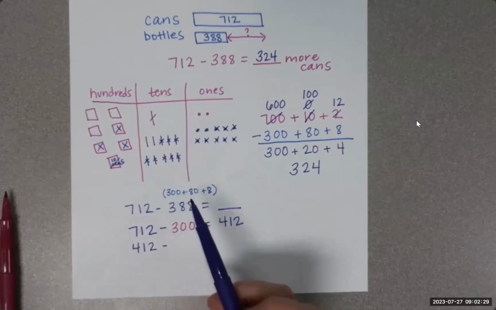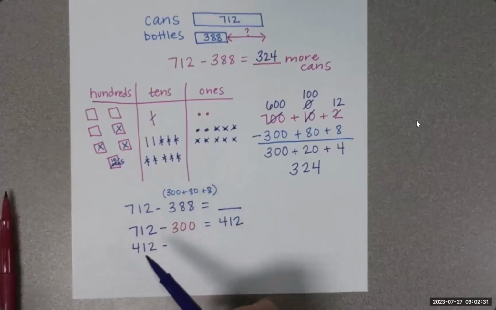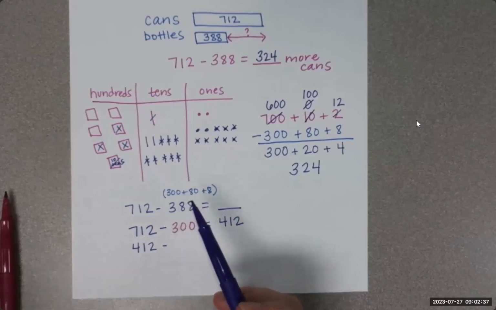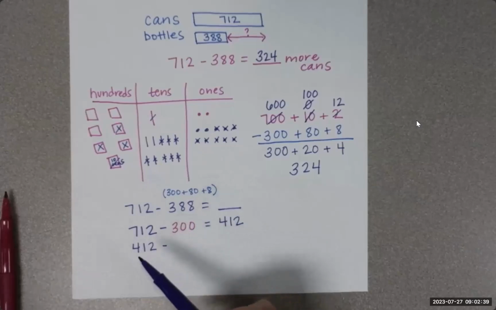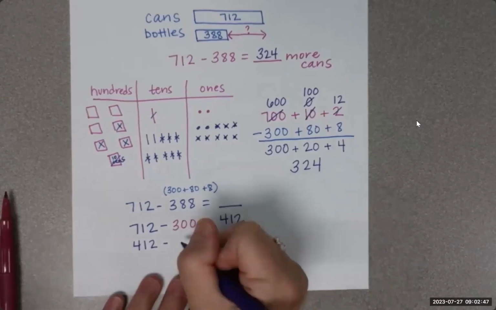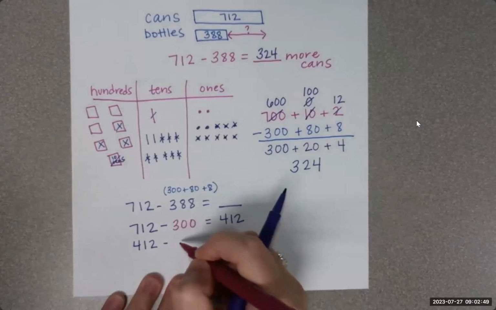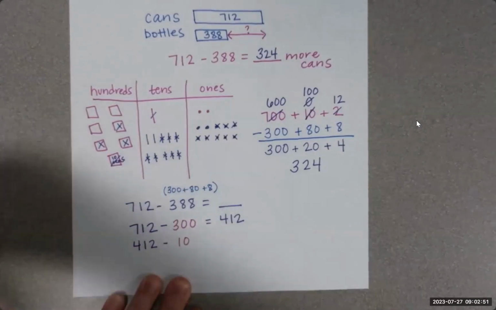And now I need to subtract 80. Well, when I'm looking at this, the number is very close to 400, right? So I can't subtract 80 as easily as I could maybe if this number was 492. So I'm going to subtract this in parts, okay? I'm going to go ahead and subtract 10. Why did I subtract 10?